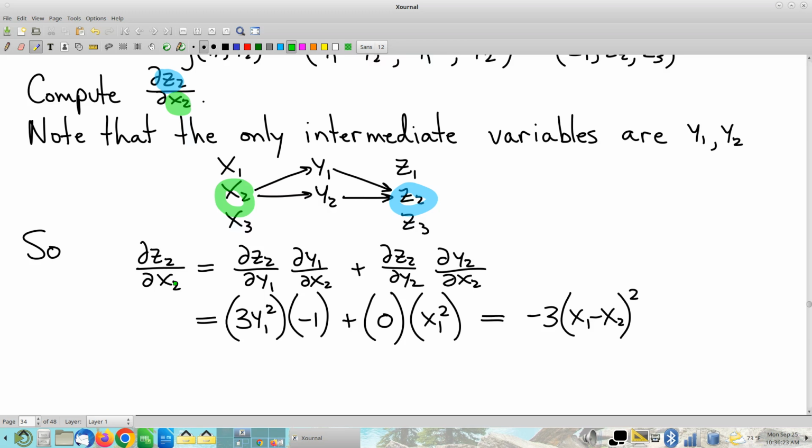What are all of the paths that changes in x2 can propagate along in order to get to z2? And well, there's two paths. I can just draw the pictures right here. So there's what you might call the y1 path that makes this turn. And then there's the y2 path that makes that turn. Everybody good?